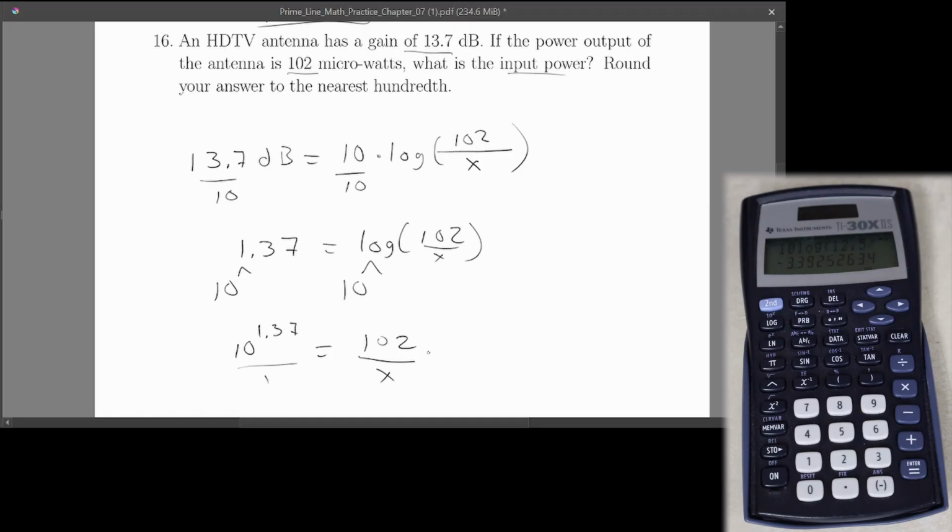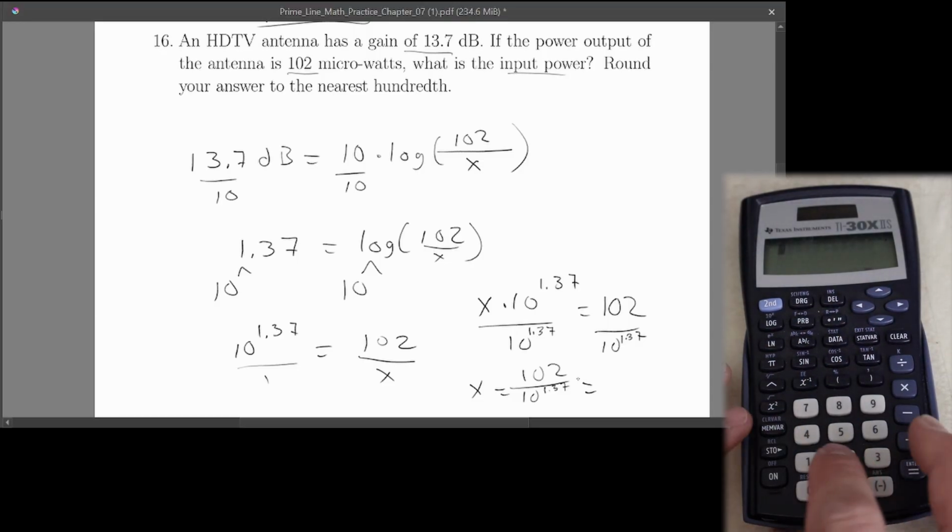We can cross multiply and re-evaluate here, so we get x times 10 to the 1.37 power equals 102, divided by the 10 to the 1.37. We get x equals 102 divided by 10 to the 1.37 power. And that we have to plug into our calculator.